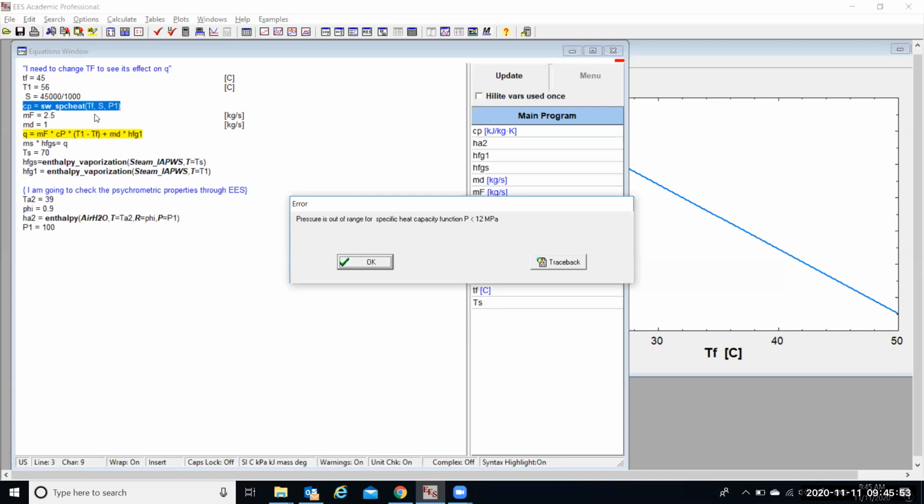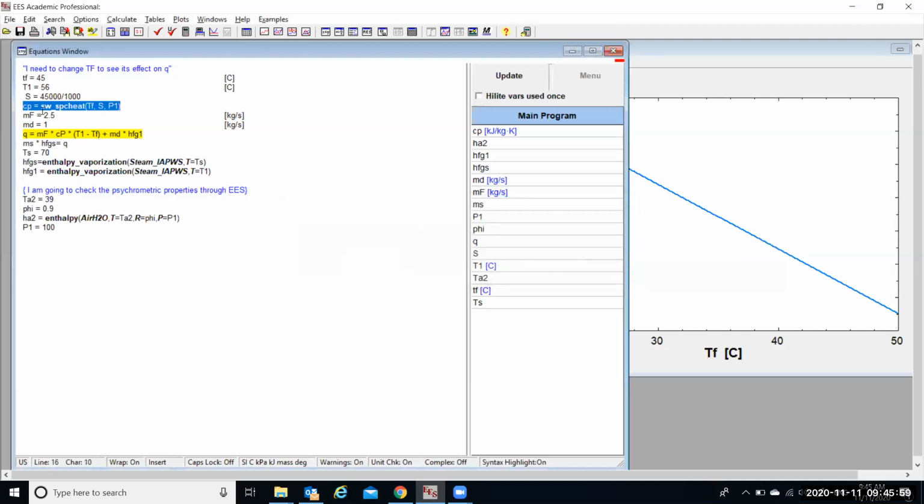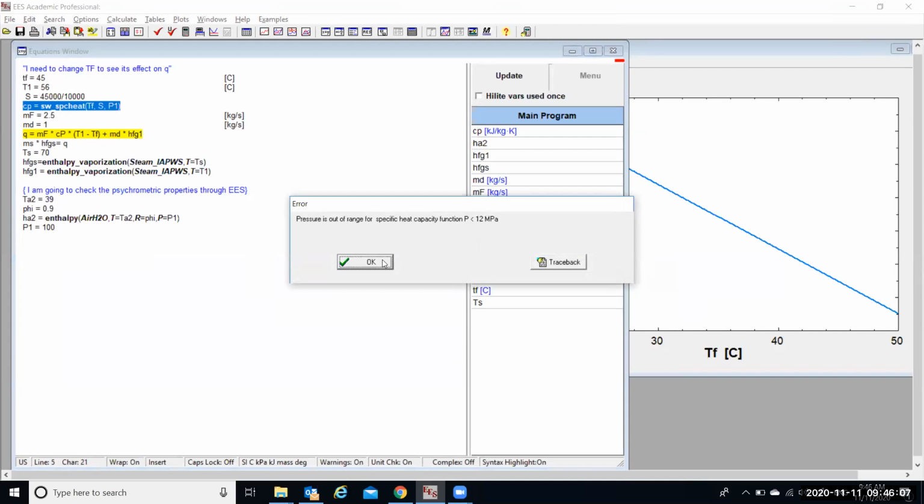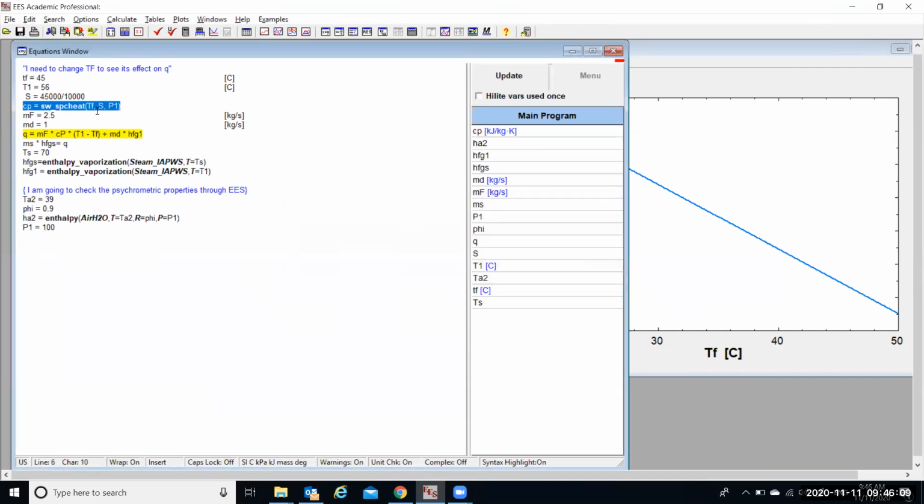If it's out of the range, it may either give you an error or it will not work, like what's happening here. So which means that some of the parameters that I put in this expression here are out of range. Let me see if this is the one, because the pressure that we are using is basically 100.